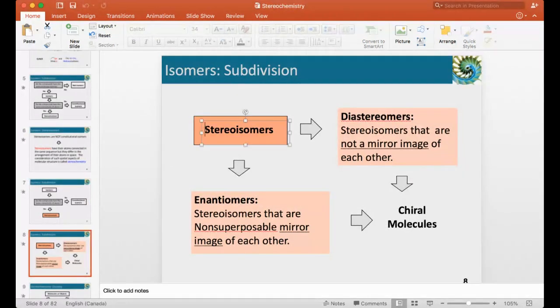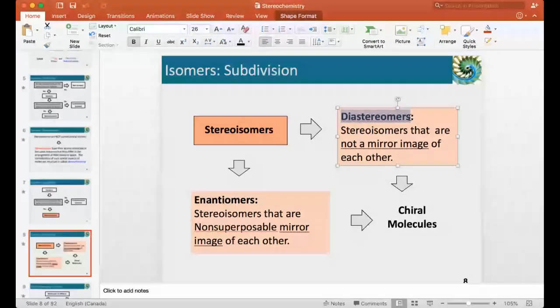that stereoisomers, so compounds, once again, same molecular formula, same connection, different orientation in space, could be subdivided into two different groups, enantiomers and diastereomers. Okay, so diastereomers are stereoisomers which are not a mirror image of one another.